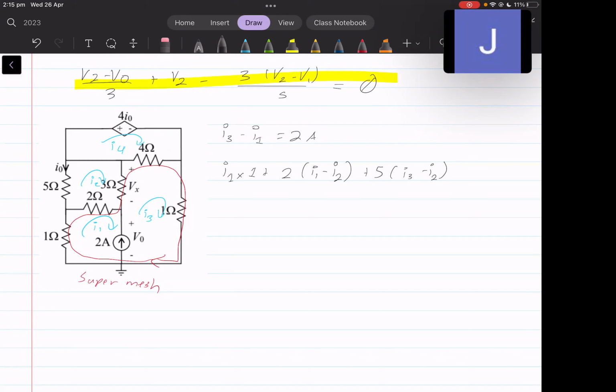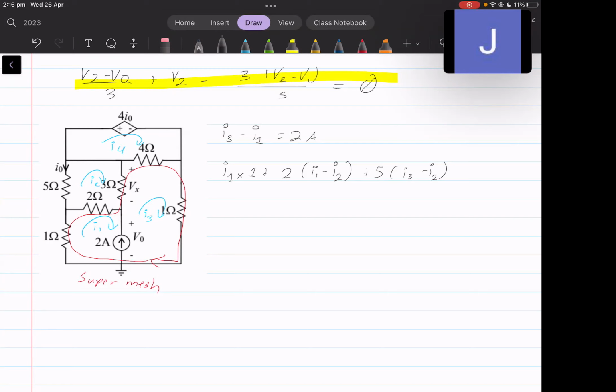The 5? Yeah. So the way mesh analysis works is that we're going along in a loop and we're adding up all the voltages together. And then they should all add to 0 because we've formed a loop. So what the first one there is, it's I1 times the 1 ohm resistor.